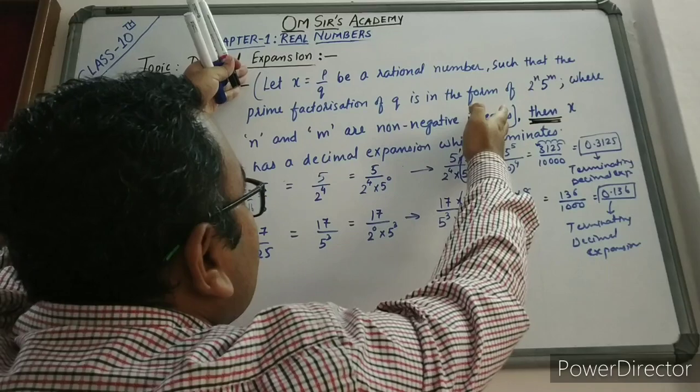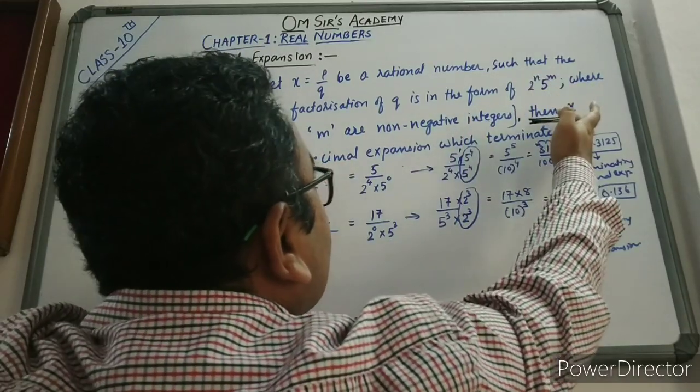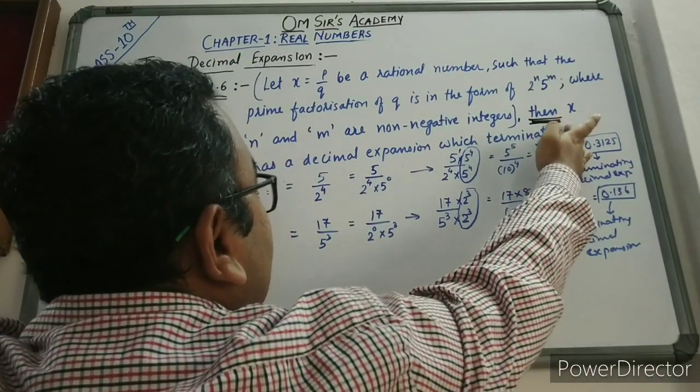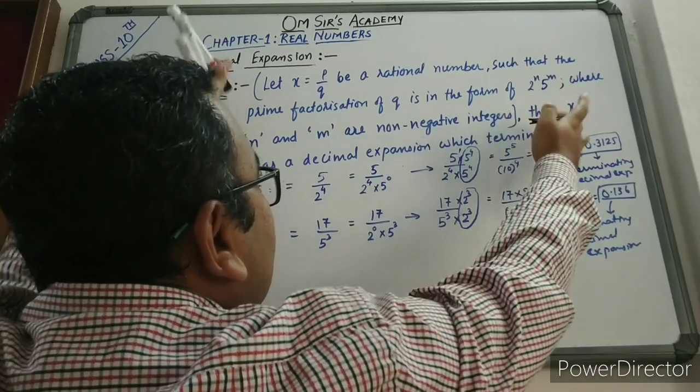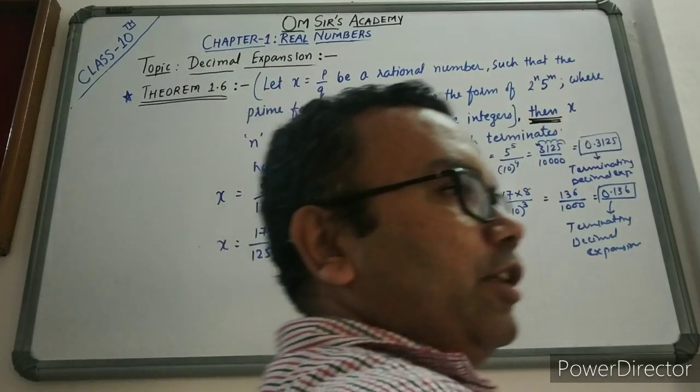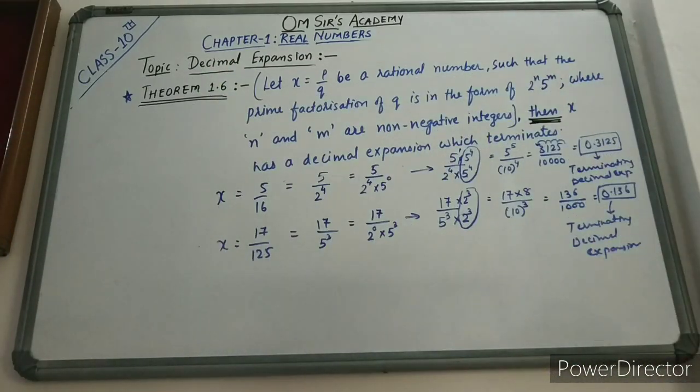If this is given, then and only then x will have a terminating decimal expansion. If this is not given, then x will not have a terminating decimal expansion. So hope this topic is clear, friends. Now we move to the next part.